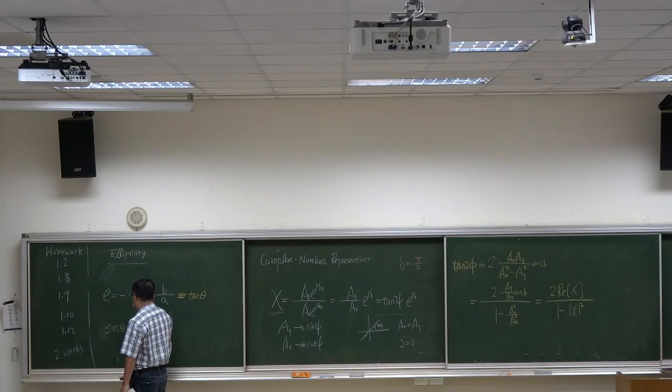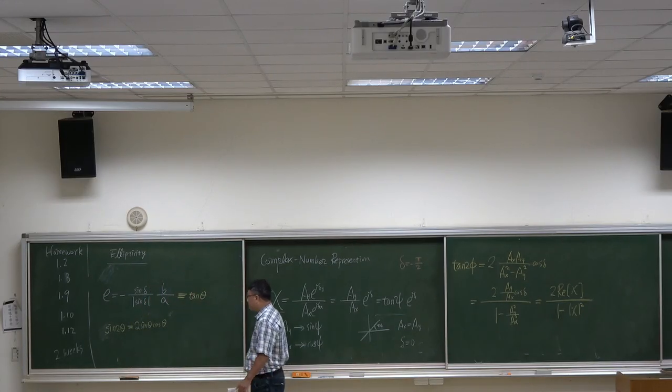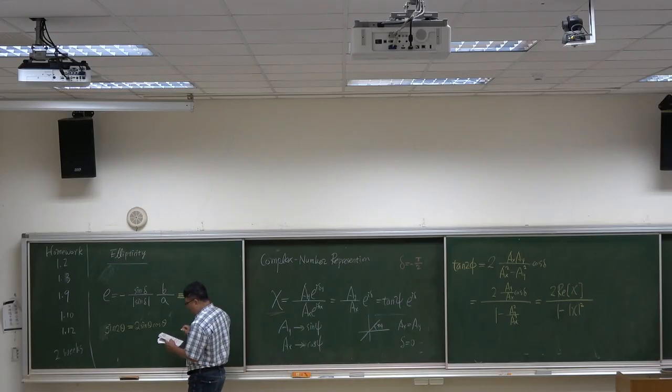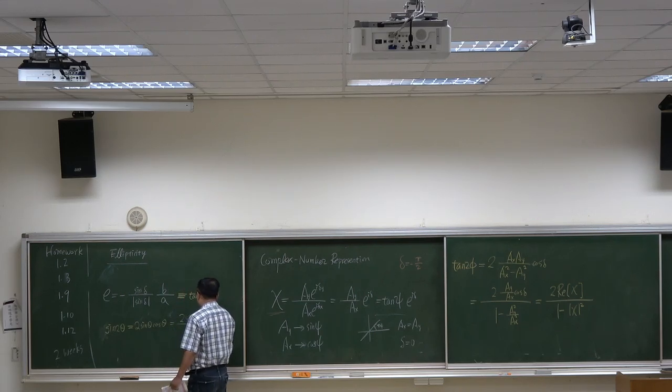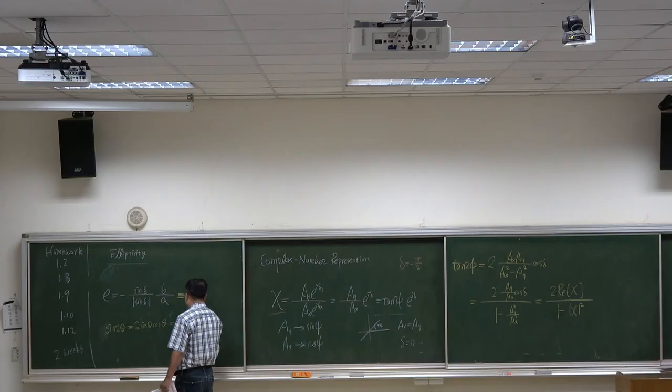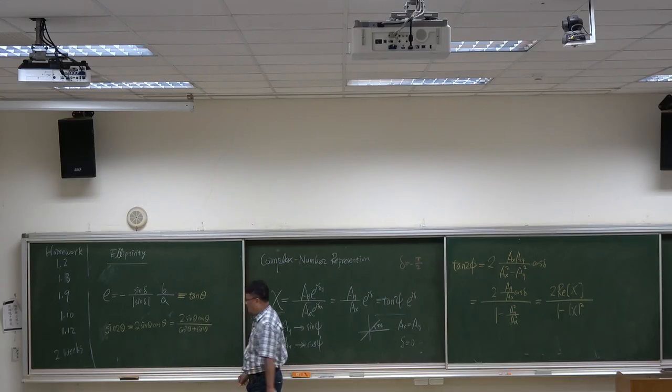We know that sine 2 theta is equal to 2 sine theta cosine theta. Okay. And we can write the result as 2 sine theta cosine theta over cosine squared theta plus sine squared theta.